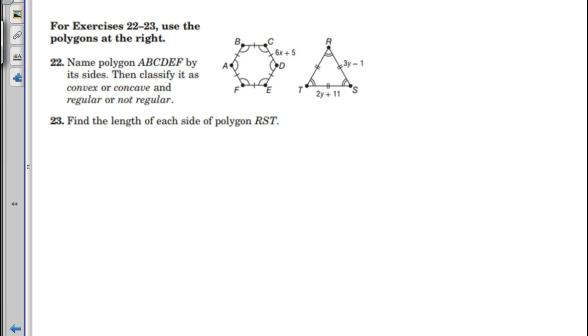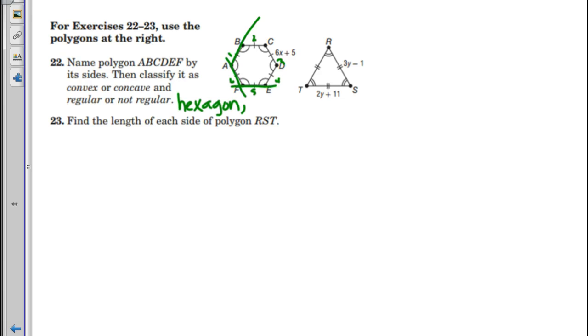Name the polygon ABCDEF by its sides. So ABCDEF is here. There's 1, 2, 3, 4, 5, 6 sides, which makes this a hexagon. Is it convex or concave? Concave means it looks like it has a side smushed in, or if I trace each of the sides, at some point one of those segments would go through the shape.